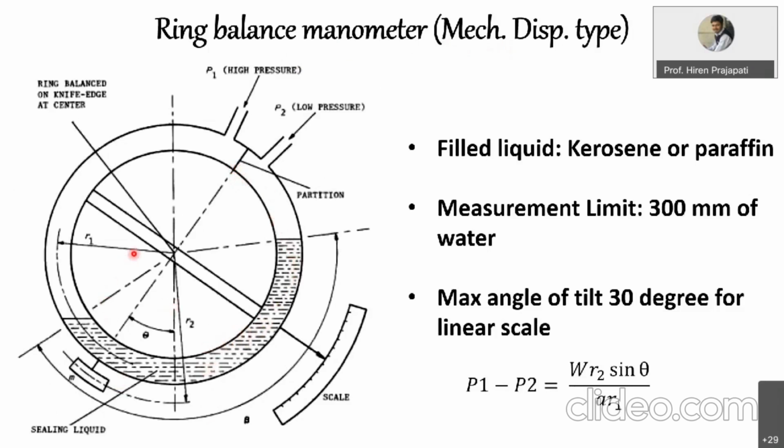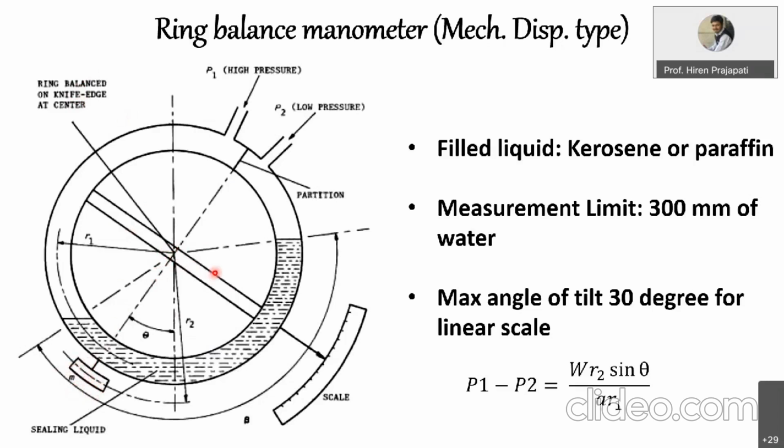The center of the circular tube is connected to one hinge, right? Then here you can see we have one mass which works as a pointer here, right?